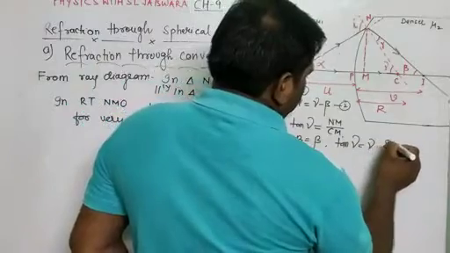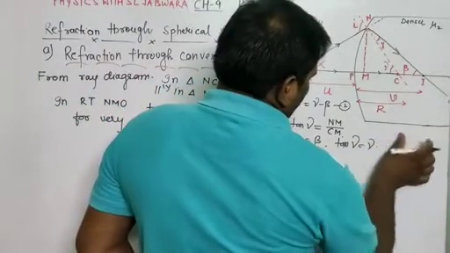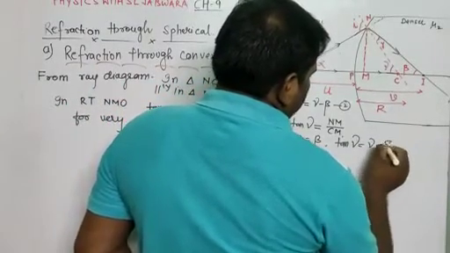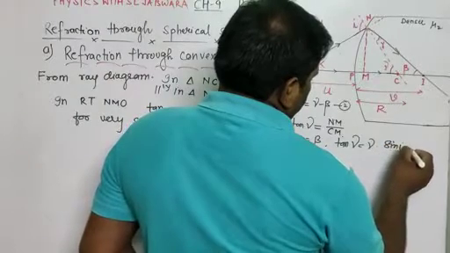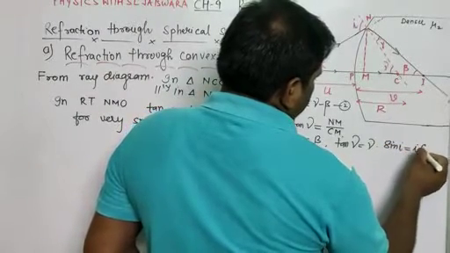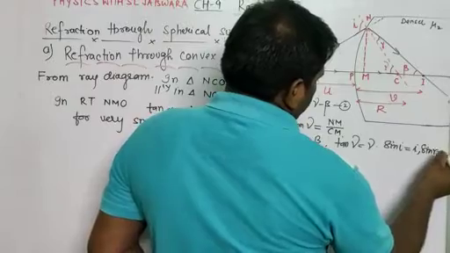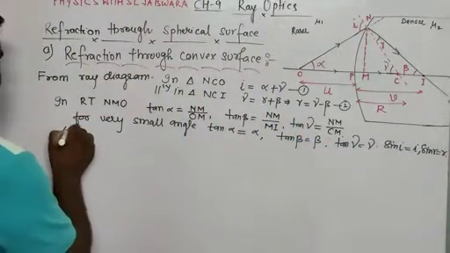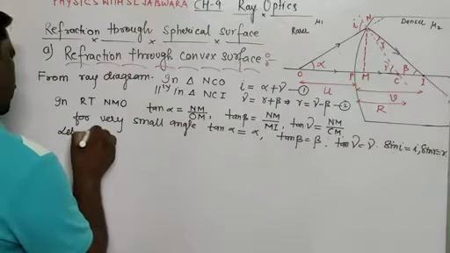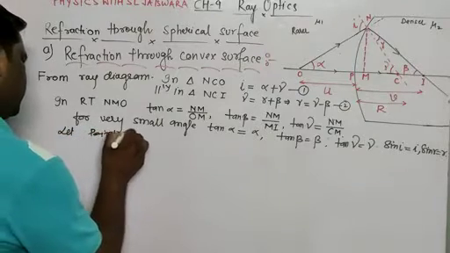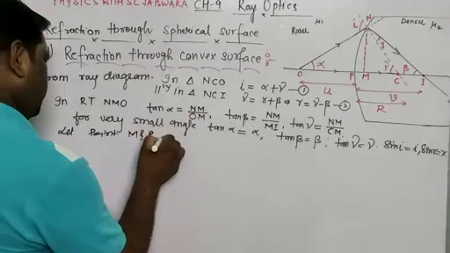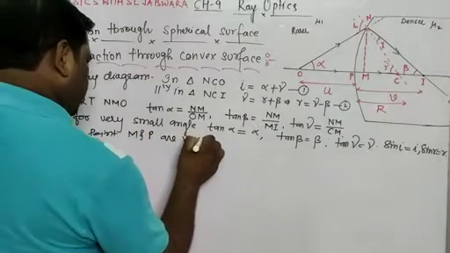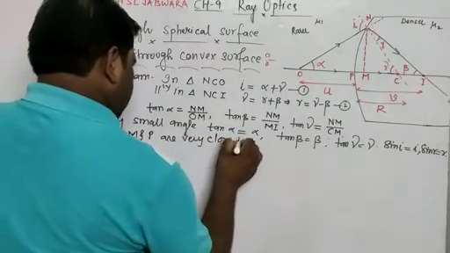Similarly, sine of I can be written as I, and sine of R will be expressed as R. Let points M and P be very close to each other.